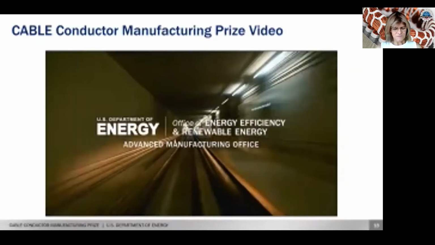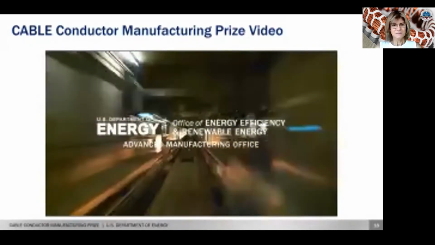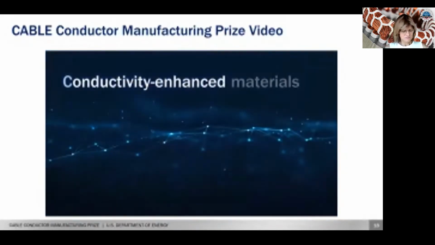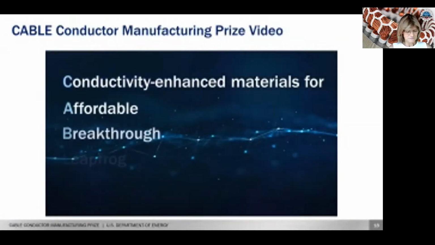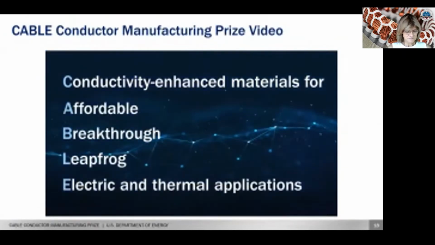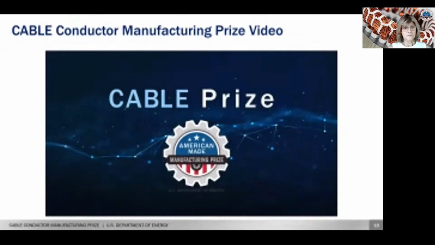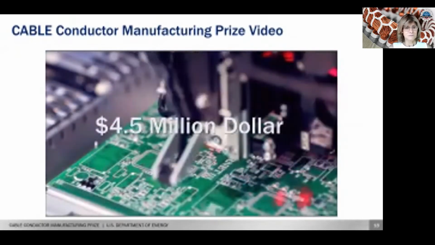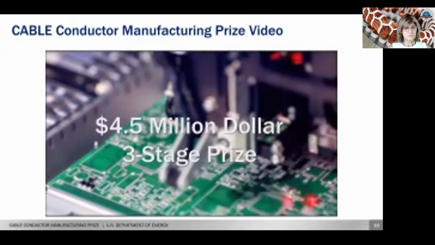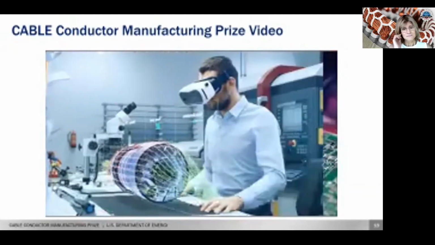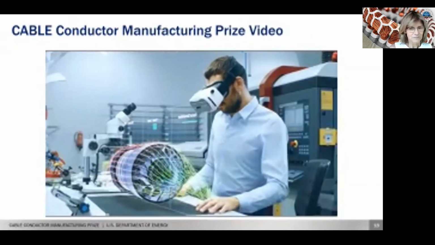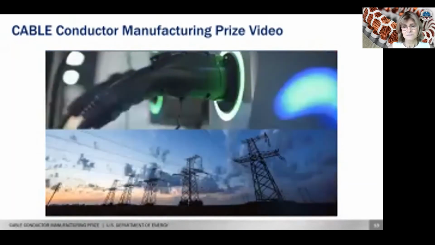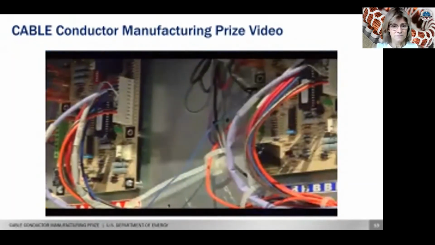Department of Energy's Advanced Manufacturing Office is launching the Conductivity Enhanced Materials for Affordable Breakthrough Leapfrog Electric and Thermal Applications, or CABLE Prize. The $4.5 million three-stage prize will help boost leading U.S. industries and upgrade the materials and applications that support grid reliability, electric vehicles, heat pumps, and more.